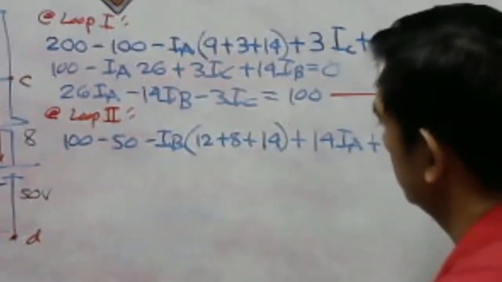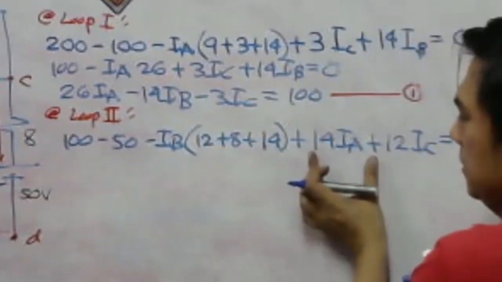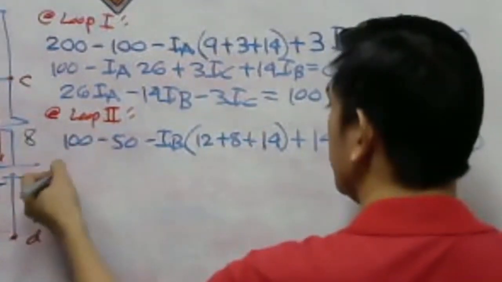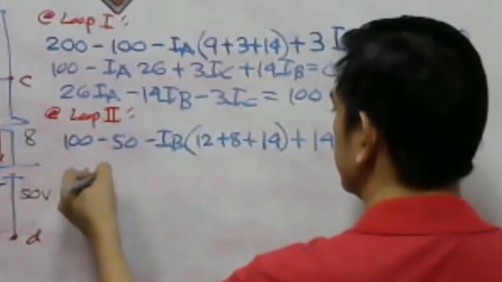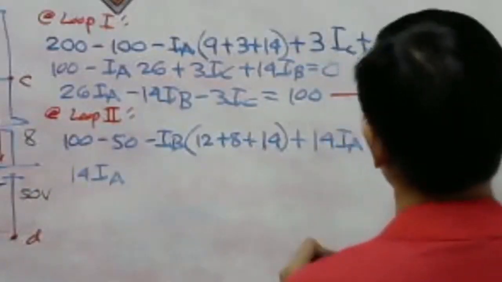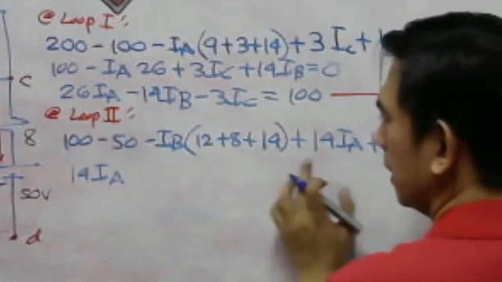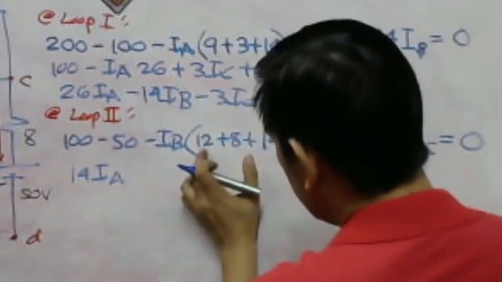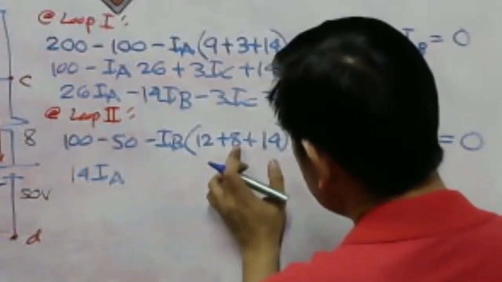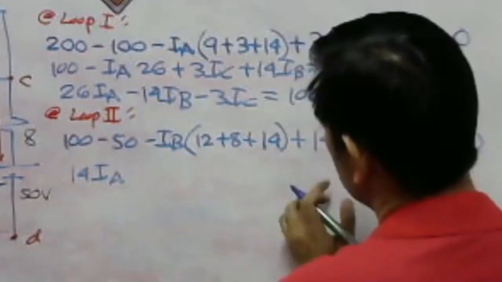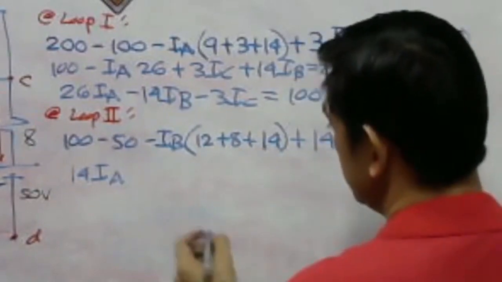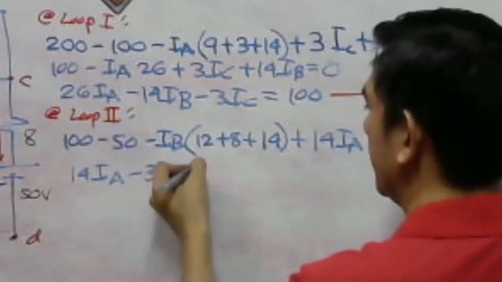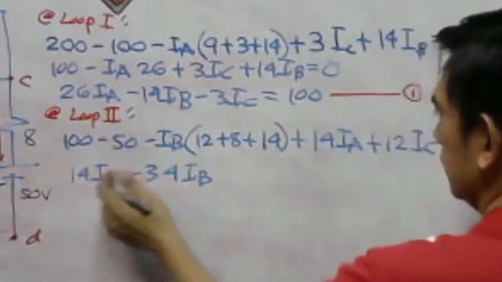Okay, now let us simplify this algebraically. So we have positive 14 IA. Then let's have first our I sub B here. 12 plus 8 is 20, 20 plus 14 is 34, so that is minus 34 I sub B. What about our I sub C?